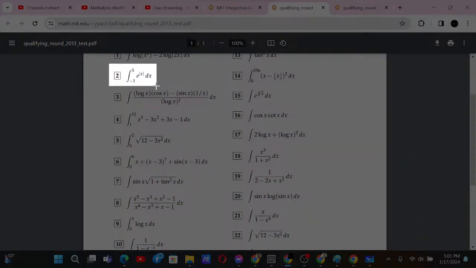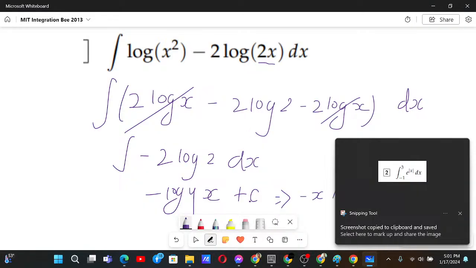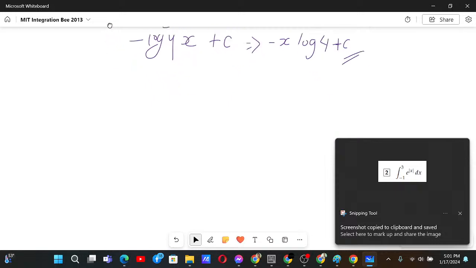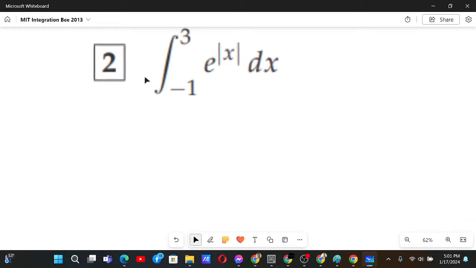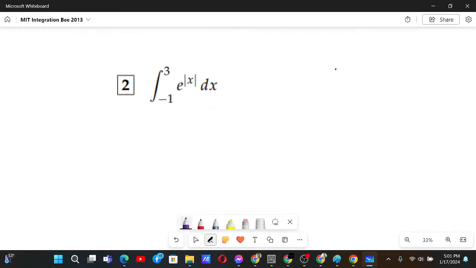That involves modulus. If it involves modulus, it's necessary to know the definition of modulus. The definition of modulus is minus x for x less than 0, and plus x for x greater than or equal to 0.